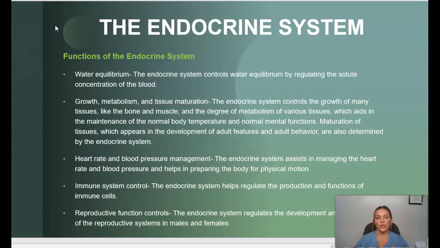And then also reproductive function controls. We just went over the reproductive system, and we talked a little bit about that in that last lesson, but the endocrine system helps to regulate the development and the function of the reproductive systems in both males and females.